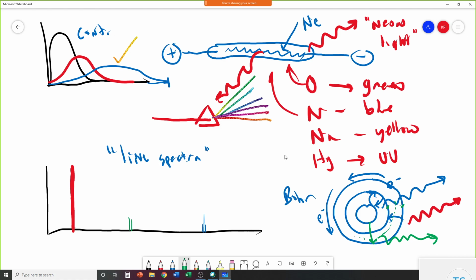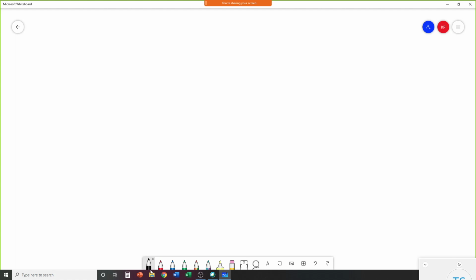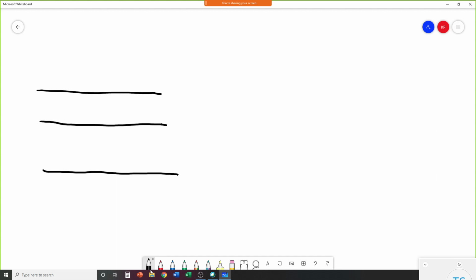And another way of looking at this, instead of the Bohr diagram, is you look at it in terms of energy levels. Here we go. Let's see. I'm going to try to sketch this out so y'all can see this. Okay, and we have these energy levels 1, 2, 3, and 4.